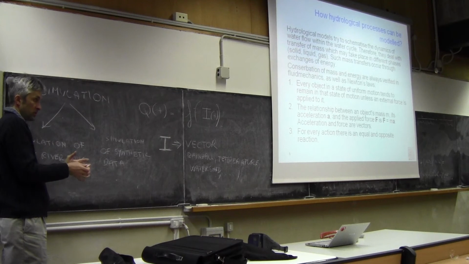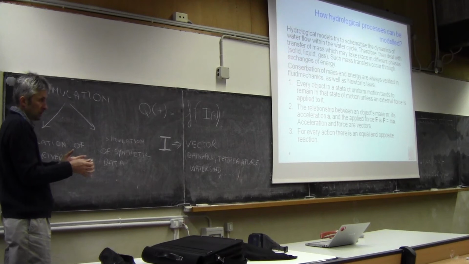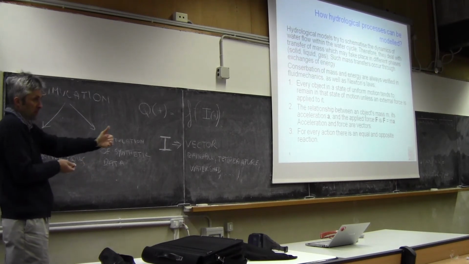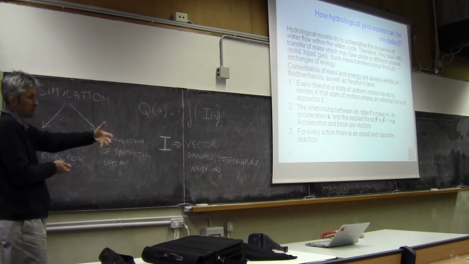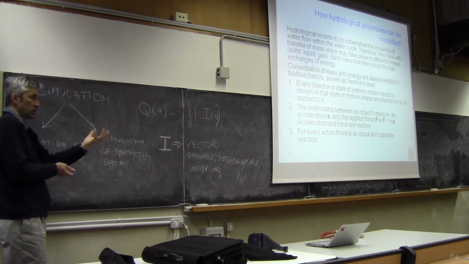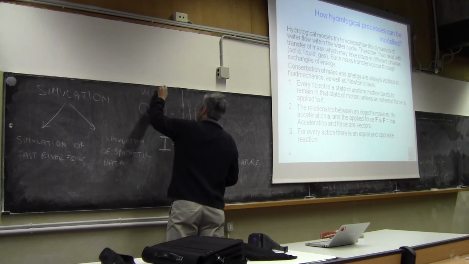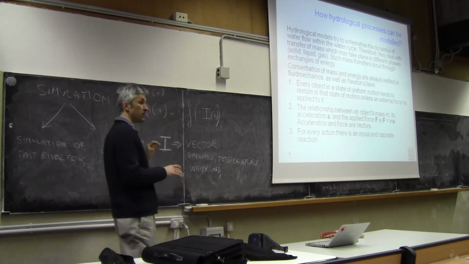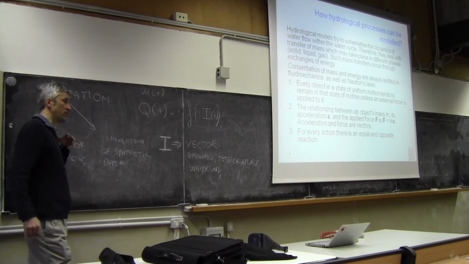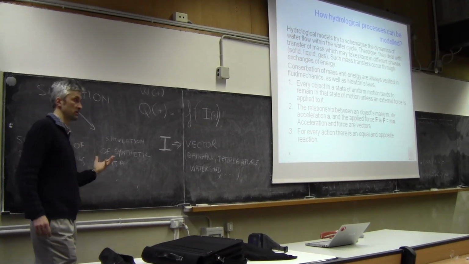The storage is very important, because if the catchment cannot store water, then it tends to deliver an immediate reply to rainfall. But there are catchments that can store water, and if they can, the reply to rainfall is different. This storage, which we often indicate with the letter W, is not a variable of direct interest.